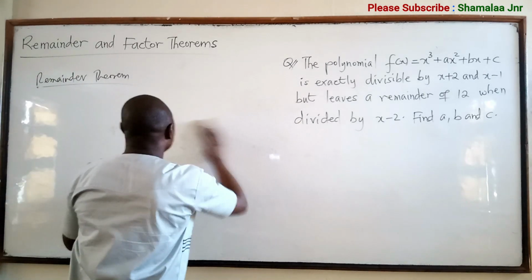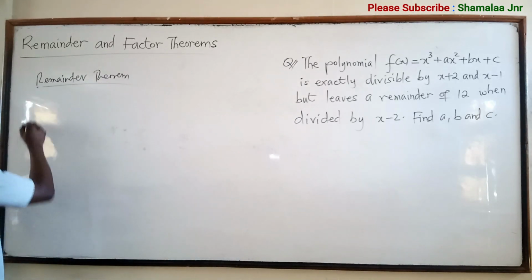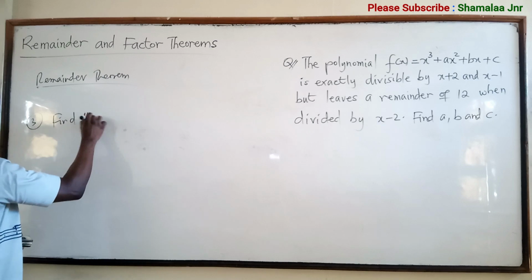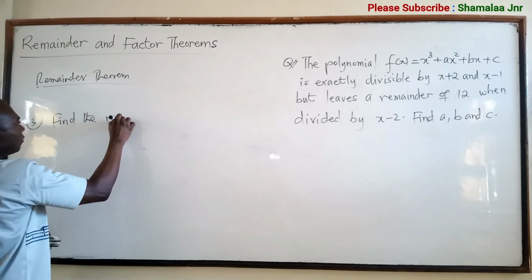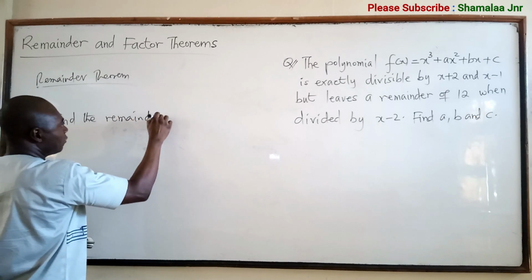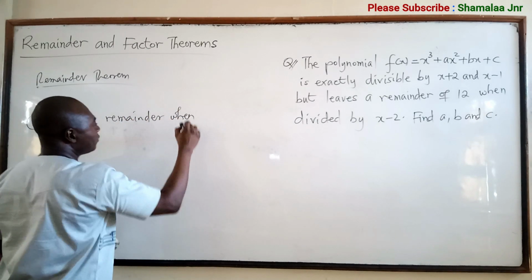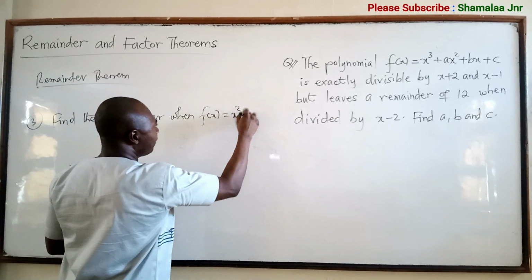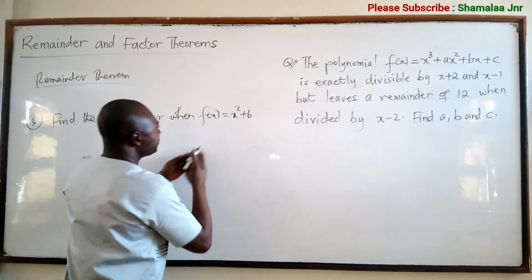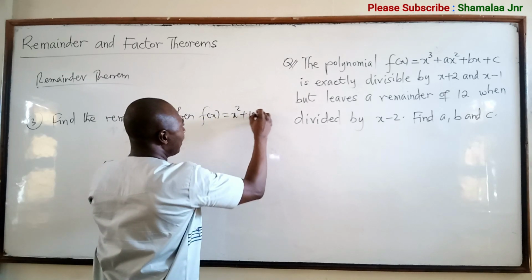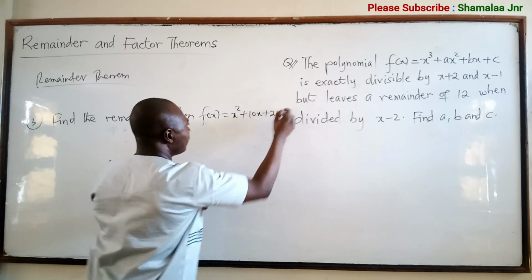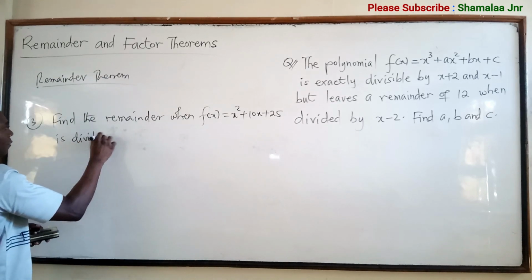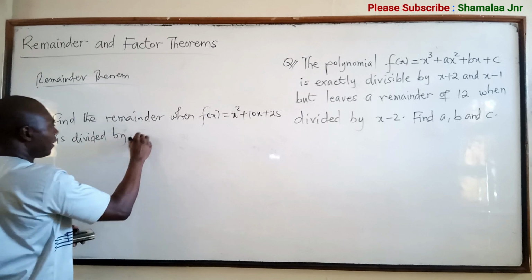Now, you can also look at something like this. Number 3, find the remainder when f of x equal to x squared plus 10x plus 25 is divided by x plus 5.